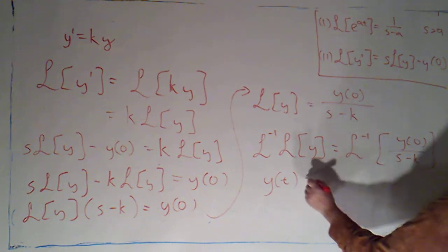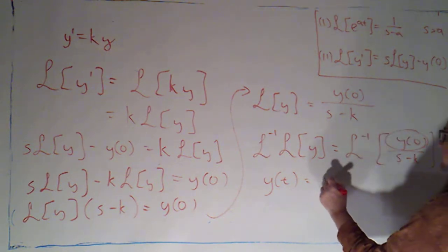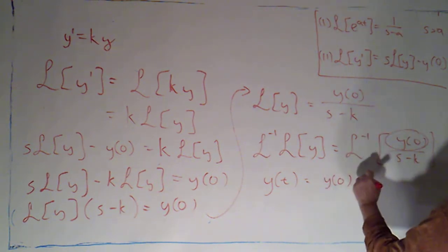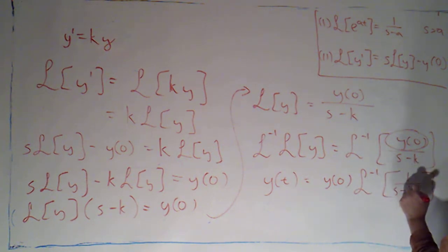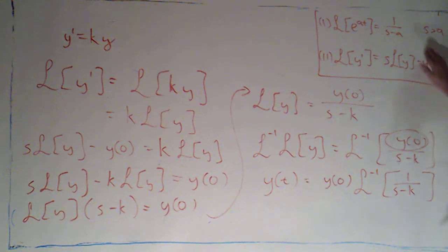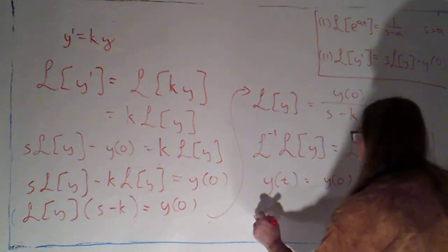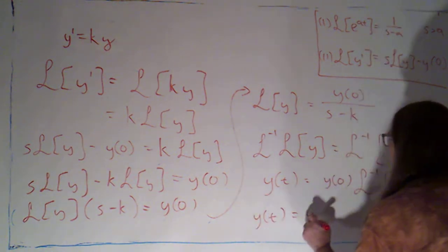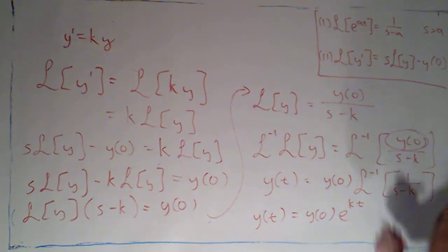Now here, this is just an arbitrary constant, so I can factor that out. And then we're taking the inverse Laplace transform of 1 over s minus k. Well, that's a match for this, where k is my a value, so I'm just going to get an exponential function. So we get y of t is equal to y of 0 e to the kt.